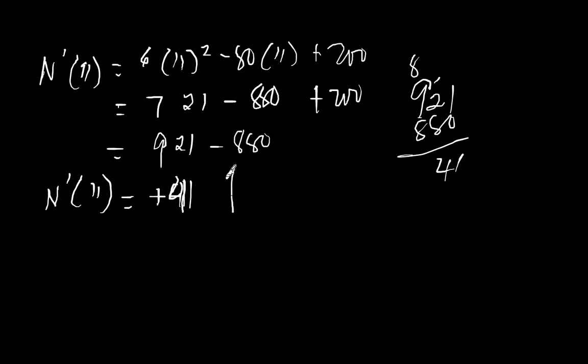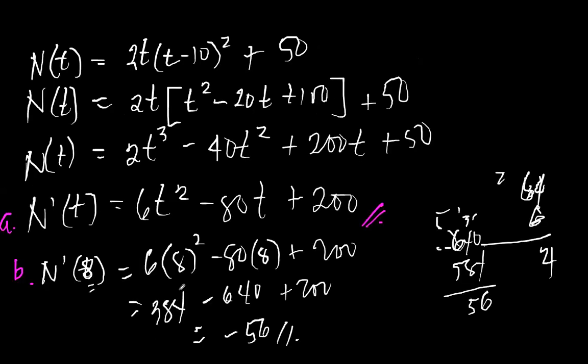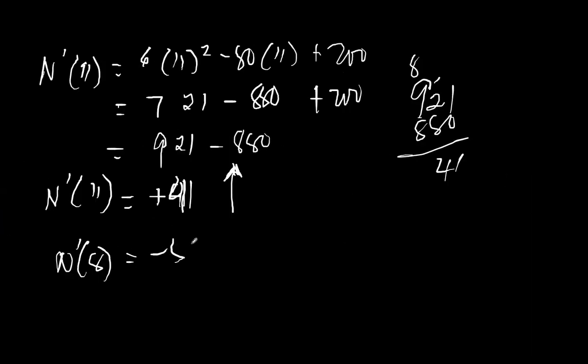Therefore, there is an increase of bacteria at t equals 11. However, at t equals 8, the value is negative 56. There is a decrease of 56 bacteria per hour. I hope we already solved letter B and you understood what it means.